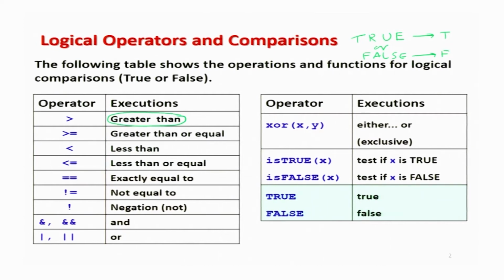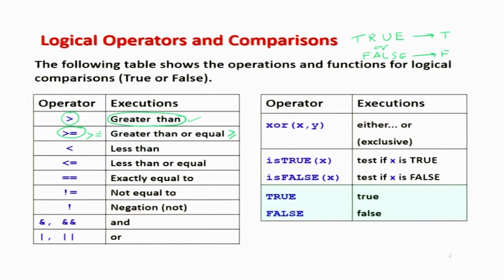In order to execute the greater than operation, we have the greater than sign. This is the usual sign in mathematics also when we compare two values. And when we want to compare greater than or equal to, then in our software this is indicated by writing the greater than sign and also the equality sign.